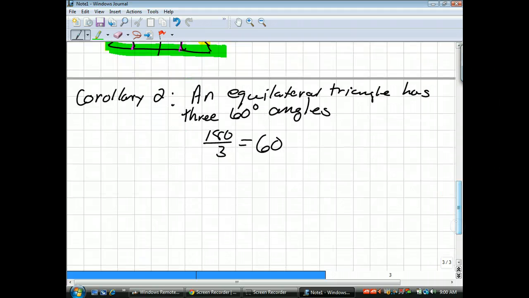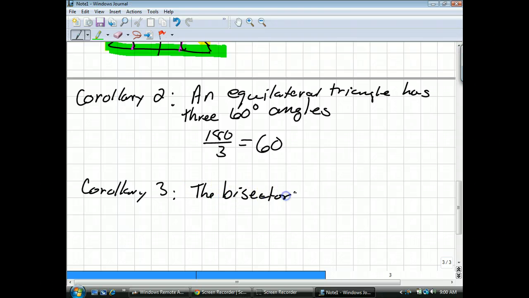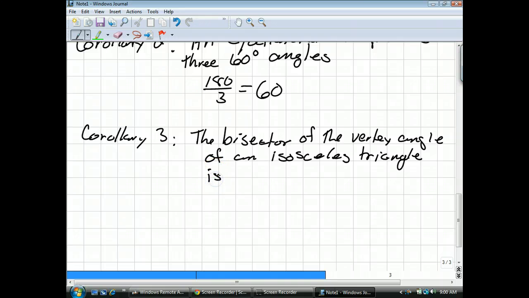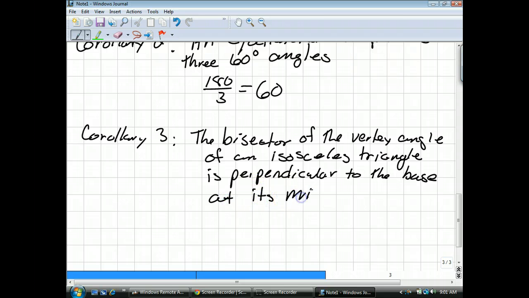And the third corollary says the bisector of the vertex angle of an isosceles triangle is perpendicular to the base at its midpoint.